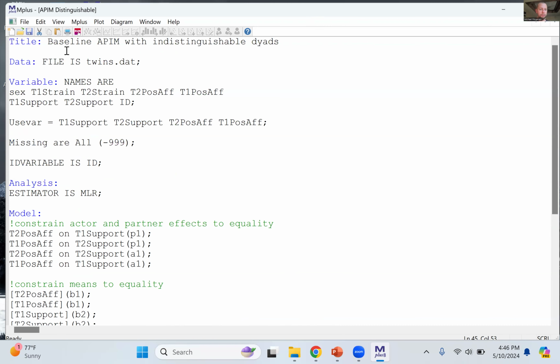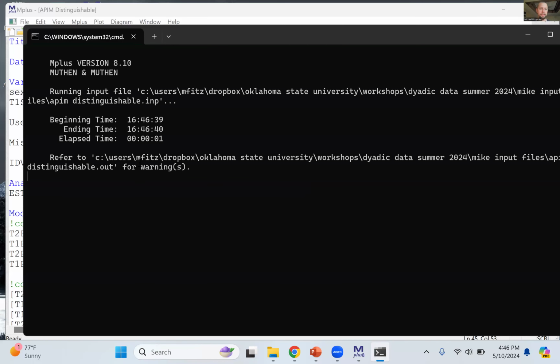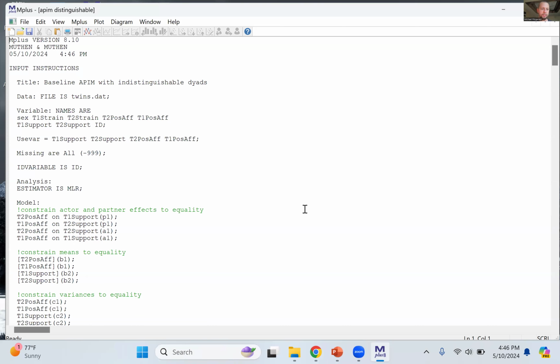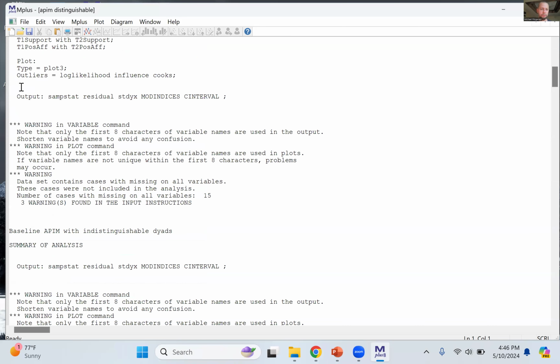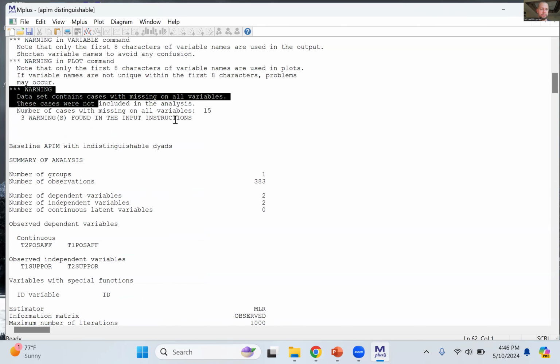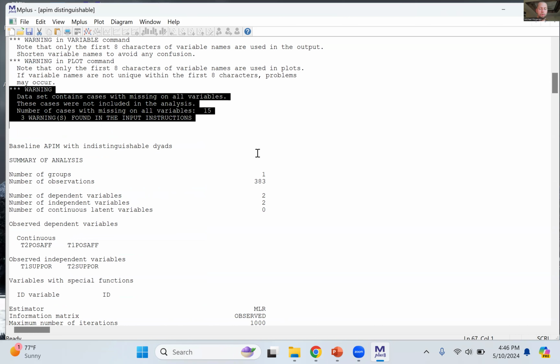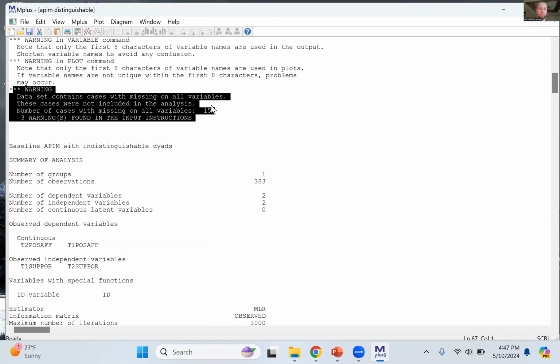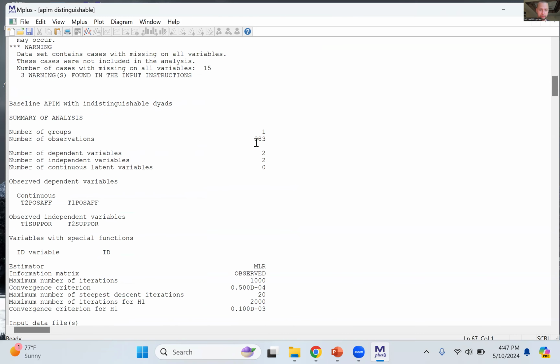So we can go ahead and run this analysis. Hopefully Mplus will like it. It does. And so you can scroll down. For the purposes of this demonstration, we can ignore this warning, but if this was for substantive conclusions or a substantive paper, you would want to be wary that your 15 cases got deleted, and this is where you want to include a FIML statement.